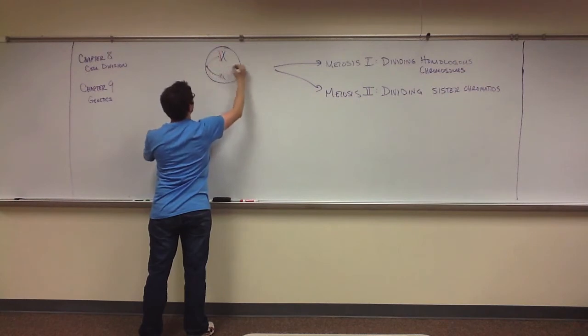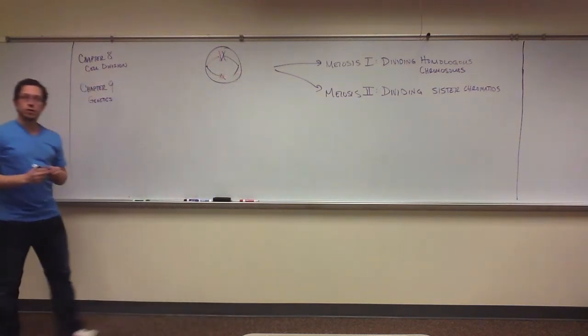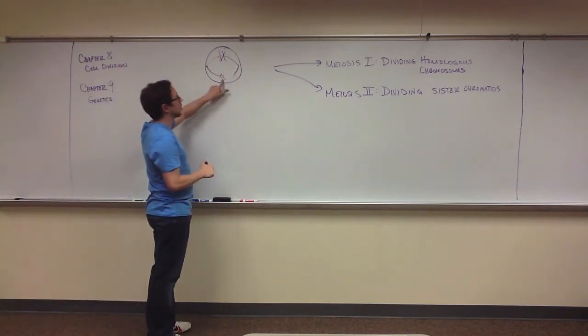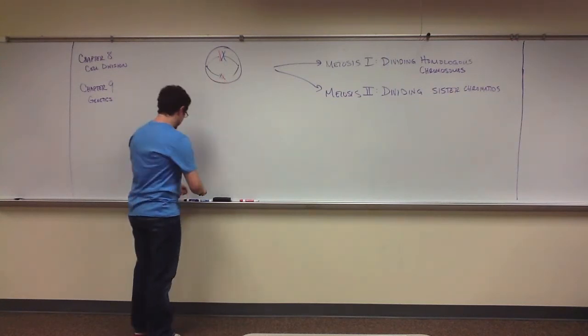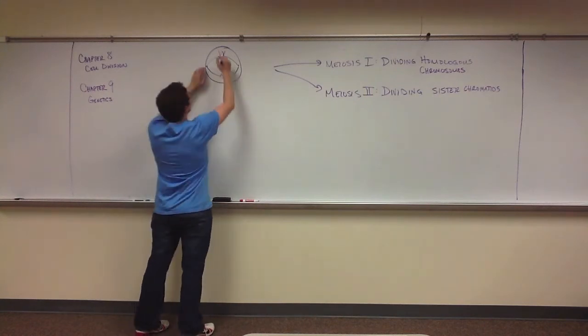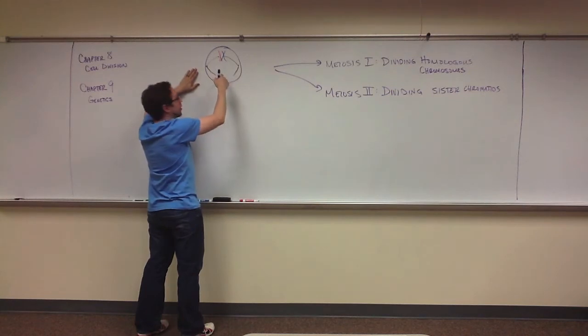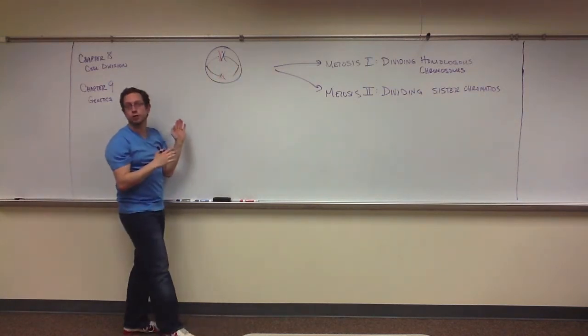Now, in a nondisjunction of meiosis 1, one of the sets of homologous chromosomes, one of the tetrads, will not effectively be pulled apart. So during anaphase 1, these two here are going to be divided like we would normally expect, but this one here is going to be pulled all to one side.